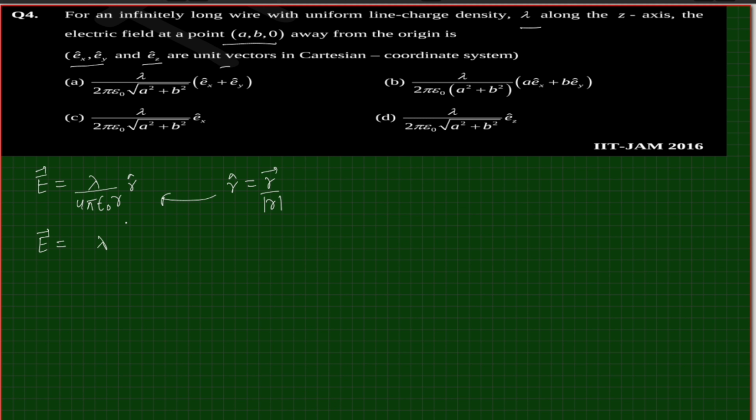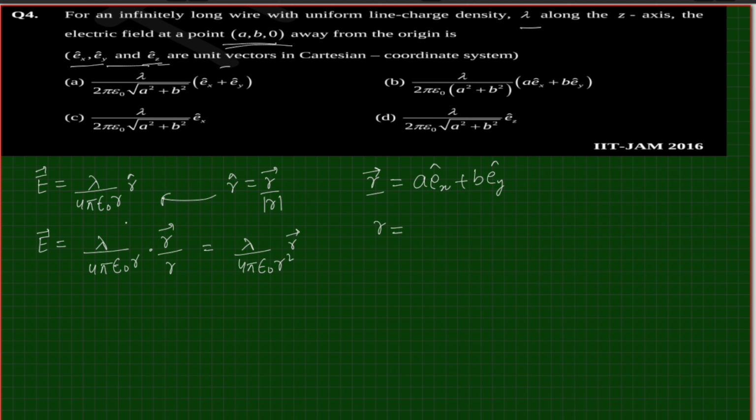So put this here, electric field will become lambda over 4 pi epsilon naught, r vector and r. Okay, so lambda over 4 pi epsilon naught r square and r vector. What is r vector? We can write r vector from this point as a ex cap plus b ey cap, because unit vectors are also given. So we have to write r vector in ex, ey and ez unit vector form.